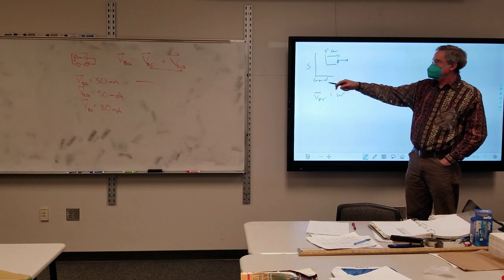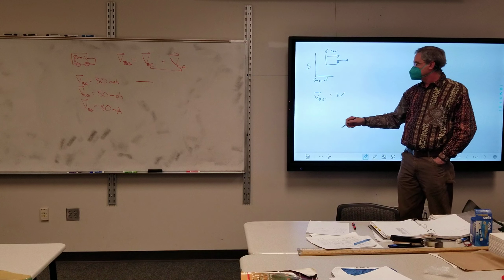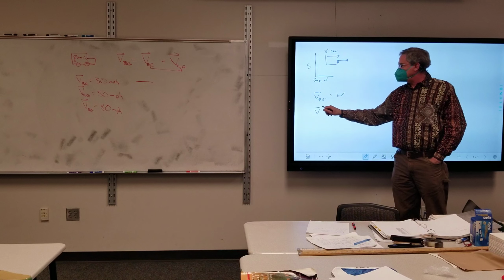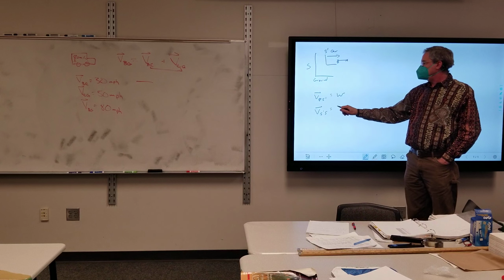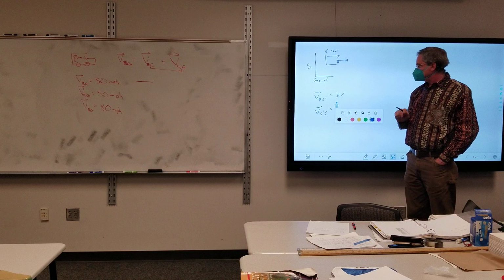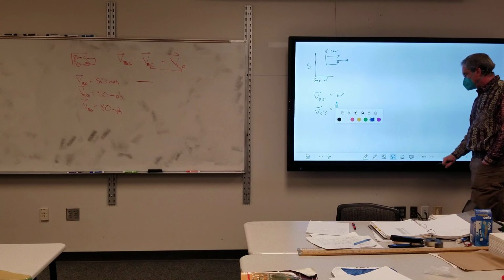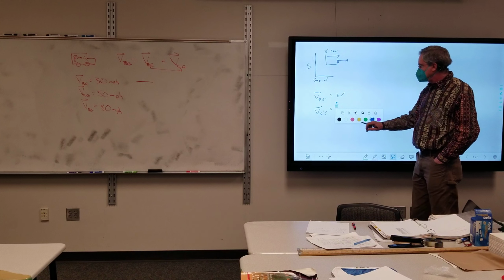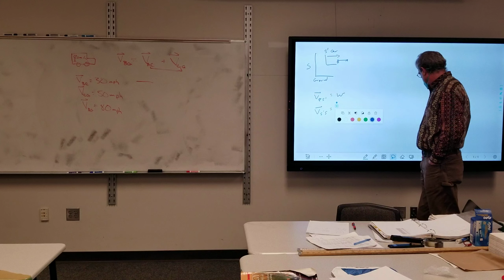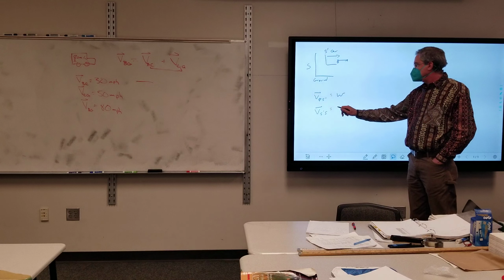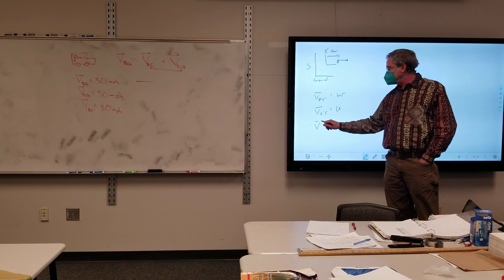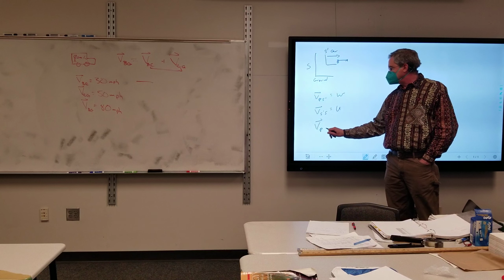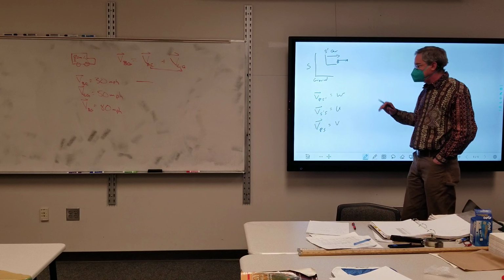Over there, it would be the 30 miles per hour. The velocity of S prime with respect to S, we're going to make U, and the velocity of the particle with respect to S, we're going to make V.